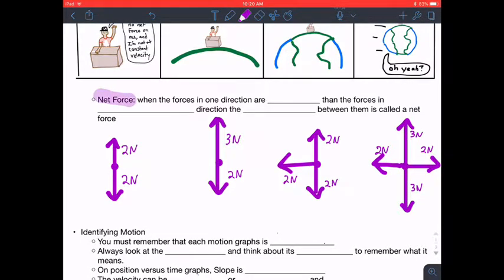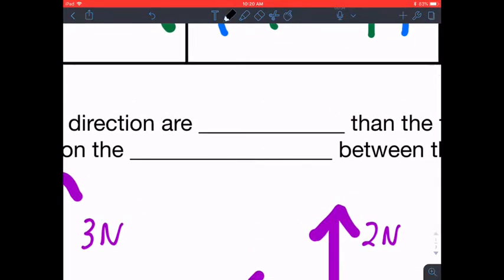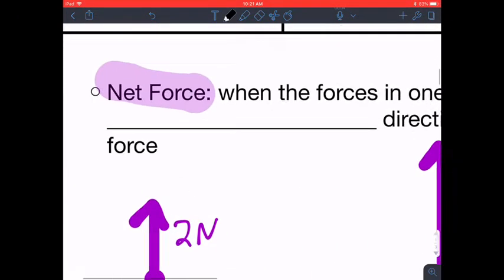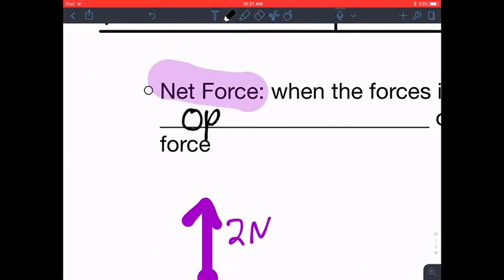A net force is when the forces in one direction are greater than the forces in the opposite direction.